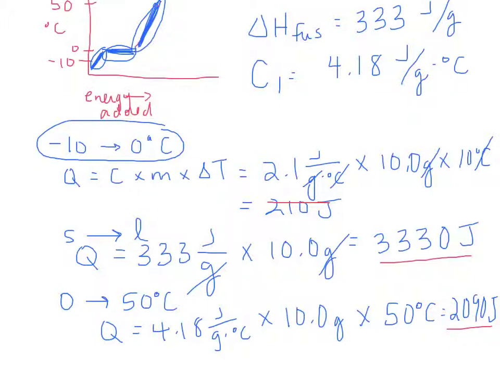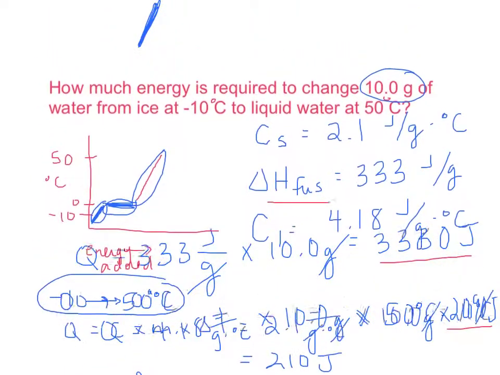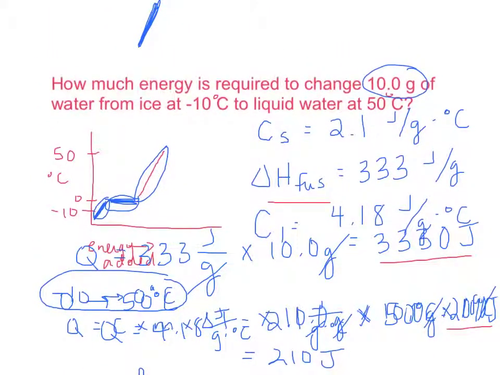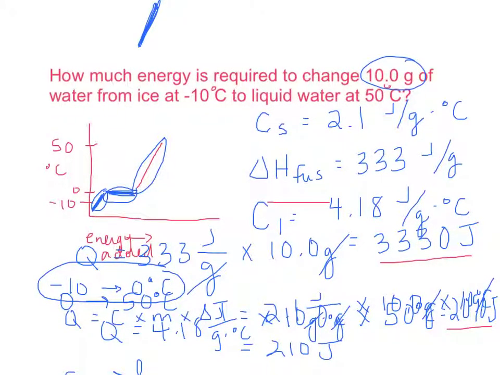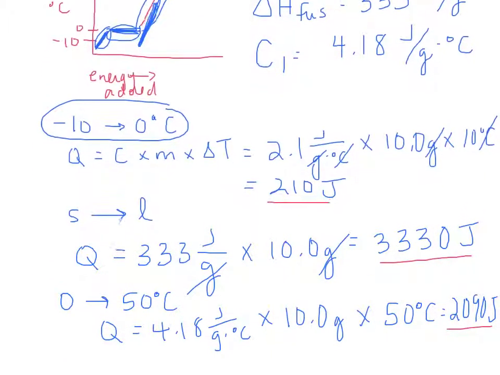The question of the problem, however, asked us how much energy is required to change the water from ice at -10 to liquid water at 50. So we're going to have to add all of those values together. So 210 plus 3,330 plus 2,090.